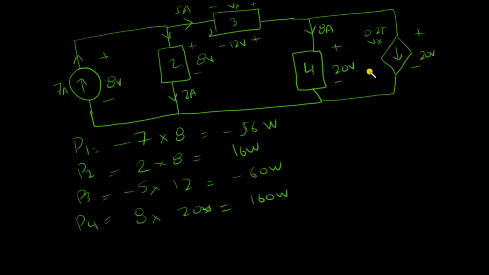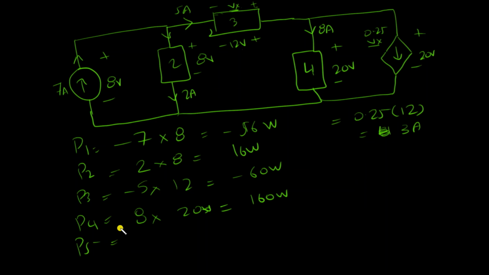In the last element, there is a dependent current source with the value of 0.25 Vx. Now what is Vx? I have marked it here, and Vx is the same as 12 volts, the potential difference between these two points. So the value of the dependent source would be 0.25 times 12, which is 3 amperes.